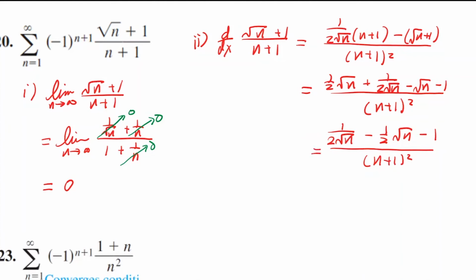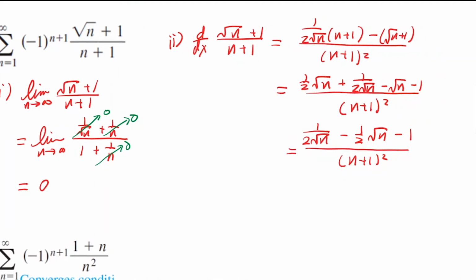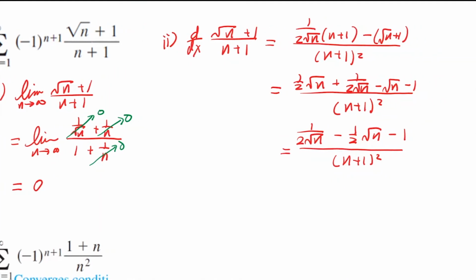N is greater than 1, isn't it? And do you see n is greater than 1, so this is less than half, correct? Do you see that? And then this is negative, square root is always positive. This is -1, so all I have to show is that this term is less than this, isn't it?